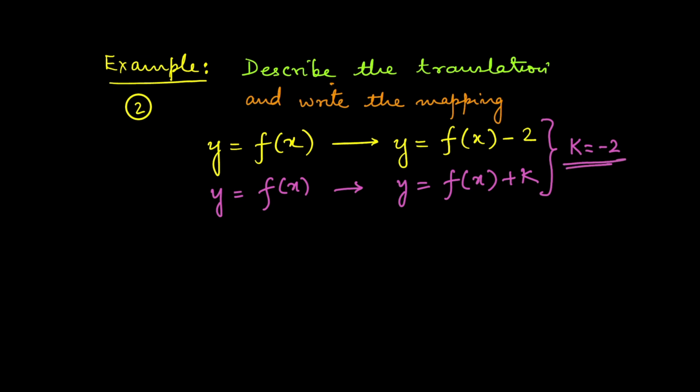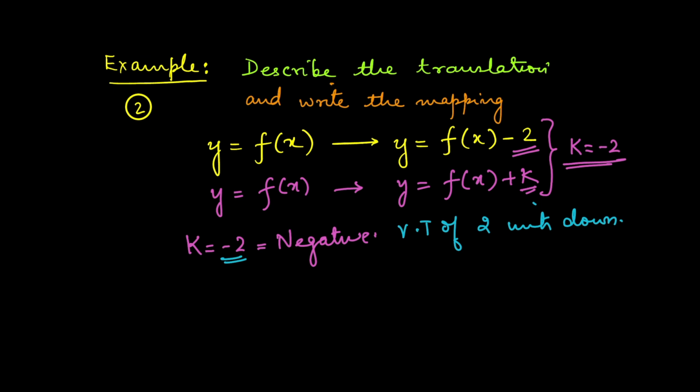So we take the same value, k as -2, and now we write the description for this. So k is -2, so this is negative. Whenever k is negative, just remember that we write the description as vertical translation of, we will not take the sign here. We'll just write vertical translation of 2 units down.